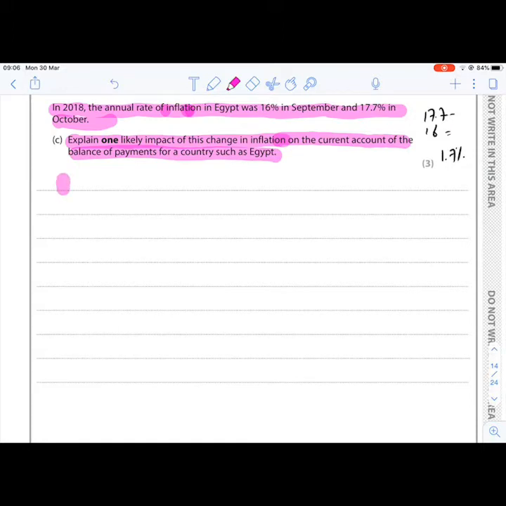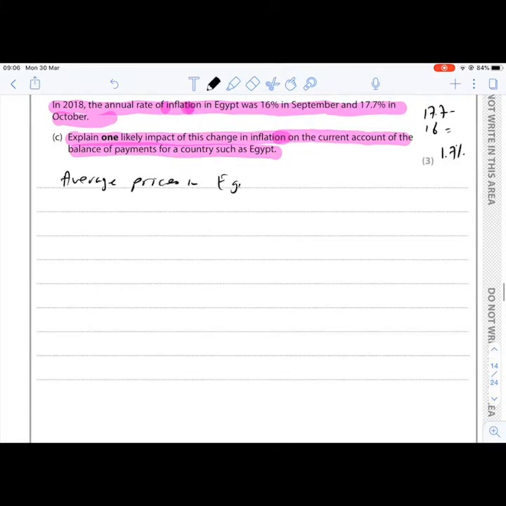Well, we know that the average prices in Egypt have increased by 1.7%. And therefore, what does this mean? Well, this means that goods and services are more expensive in Egypt.